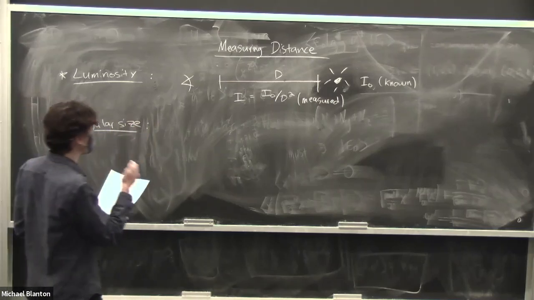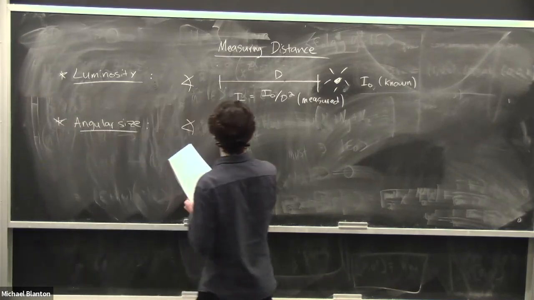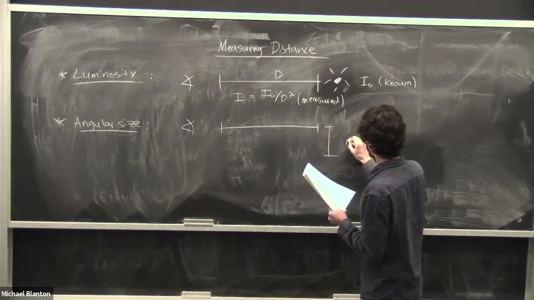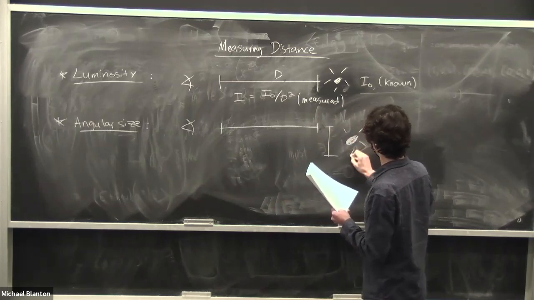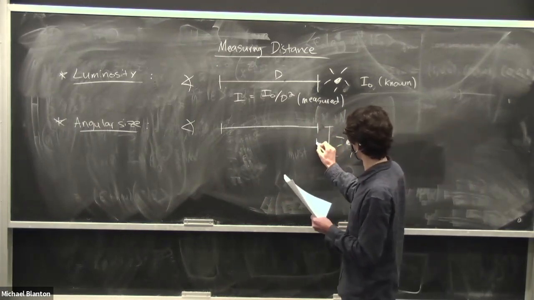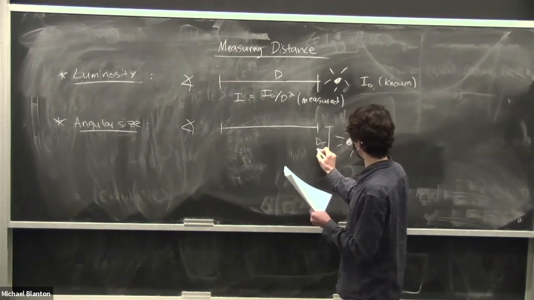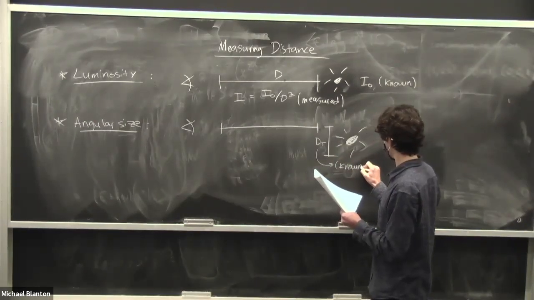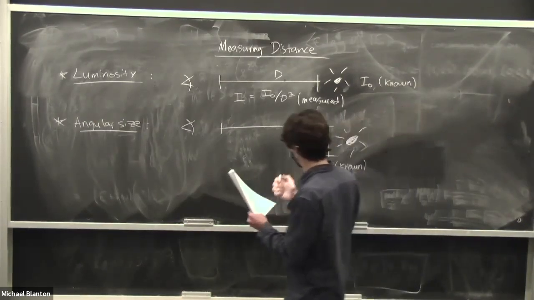Okay, so once again, if you're an observer looking at an object, and you can actually resolve its size, and let's say this size, d transverse, is known from some quote unquote well understood physics.